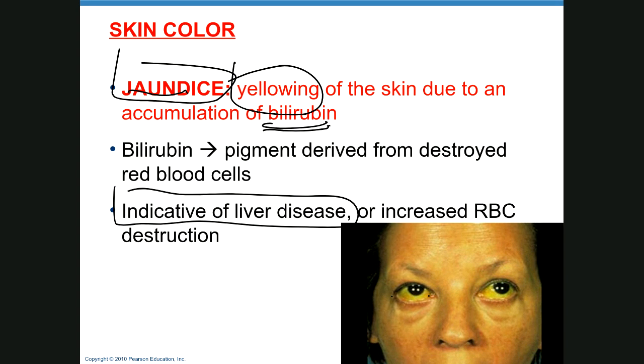In newborns, sometimes newborns are born jaundiced, and then it's typically due to some increased red blood cell destruction due to some form of blood incompatibility between mother and child. And so the baby is born with some form of antibody from the mother that is destroying the red blood cells. There is too much bilirubin. There is a young liver that cannot handle the excess bilirubin, and the baby turns yellow. So you should know what jaundice is and the conditions that can cause jaundice.